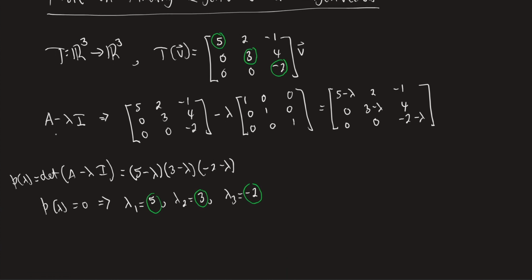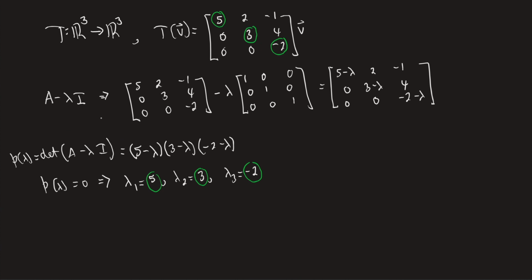Now we have to find the eigenvectors for each of these eigenvalues. And no matter how easy it is to find the eigenvalues, to find the eigenvectors we always have to go back to our homogeneous system. In this case, I'm going to start with lambda 1. For the homogeneous system, we subtract 5 from the entries on the main diagonal and then augment it with our column of 0.